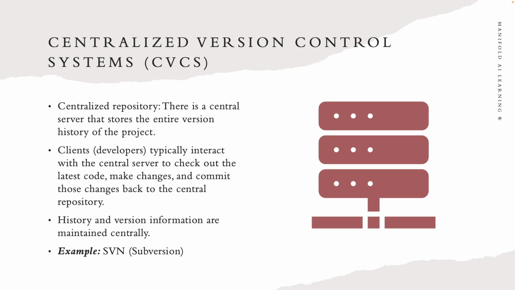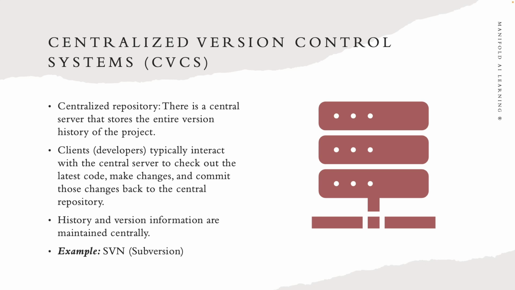In such scenarios, the history, version information, everything will be maintained in a central place. So that's the idea of this centralized version control system. One of the common examples of it is SVN, which is Subversion.